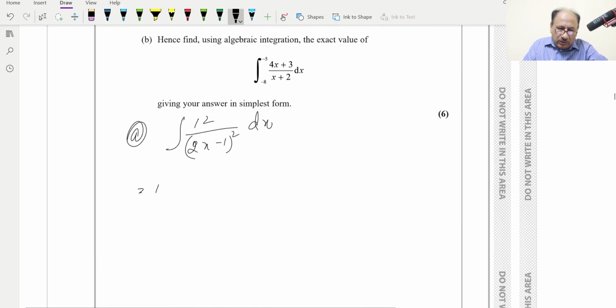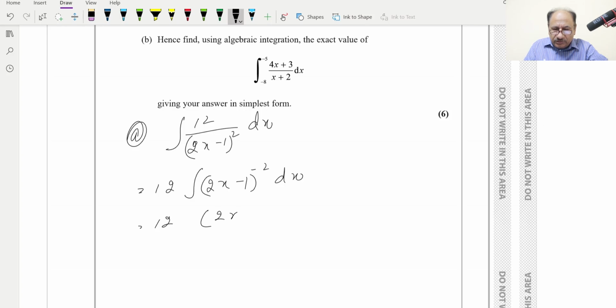as 12 times the integral of (2x minus 1) raised to the power minus 2 dx, and further we can integrate. This will be 12 times (2x minus 1) raised to minus 2 plus 1, divided by minus 2 plus 1, and the derivative of 2x will be 2, so we will write here 2, as we are dividing by the derivative, plus the integration constant c.